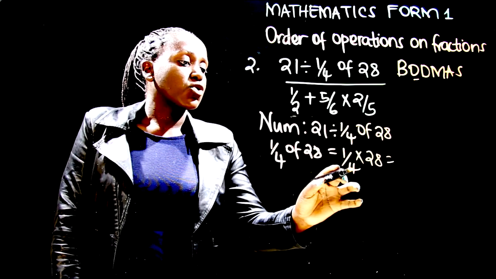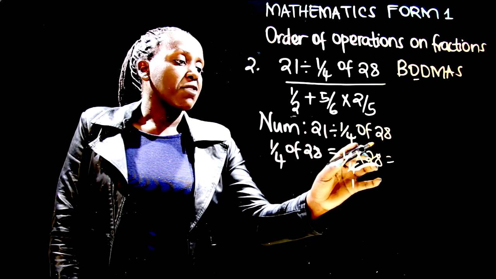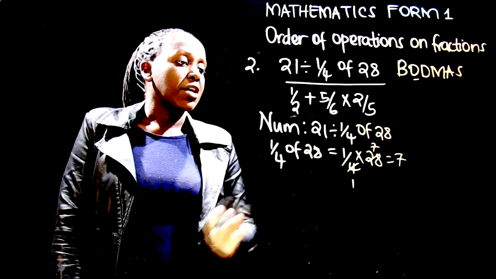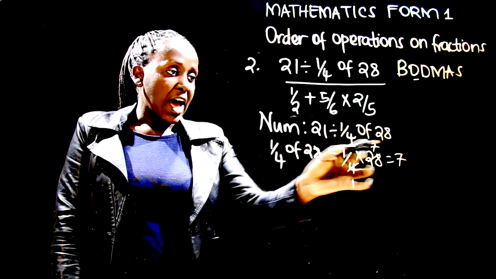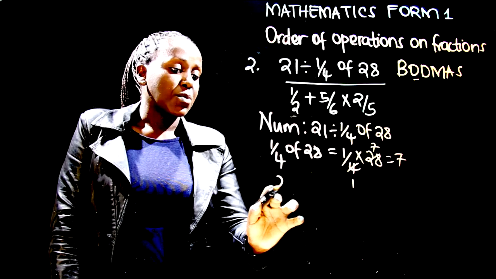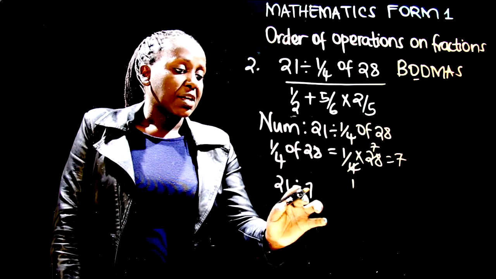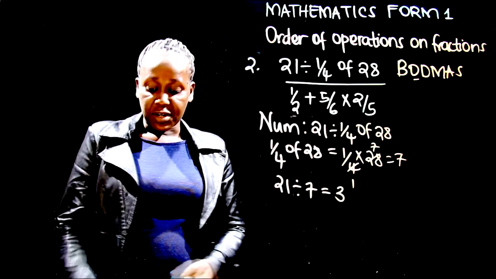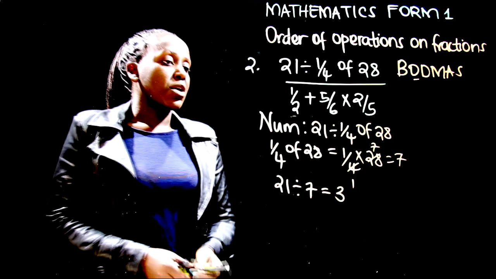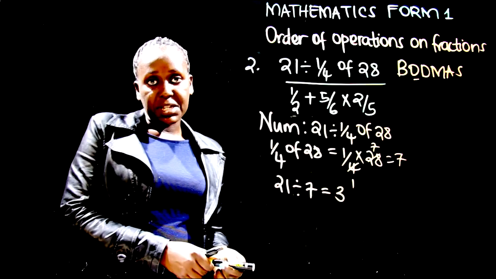So this will be equal to 1 by 4 times 28, which is 7. Then we have 21 divided by the answer we have gotten here. So we have 21 divided by 7, which is equal to 3. Very good.